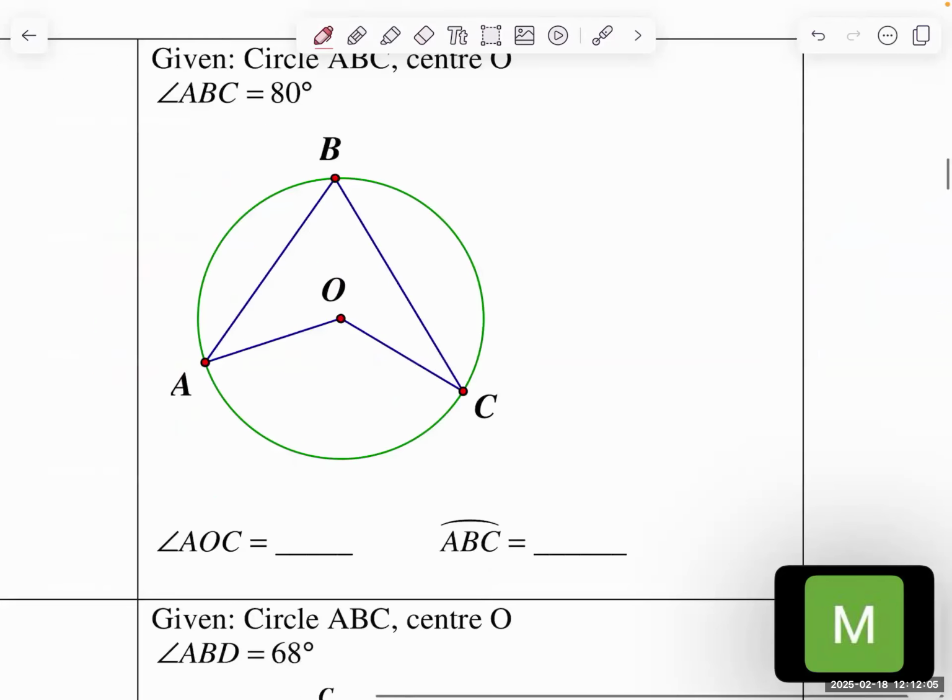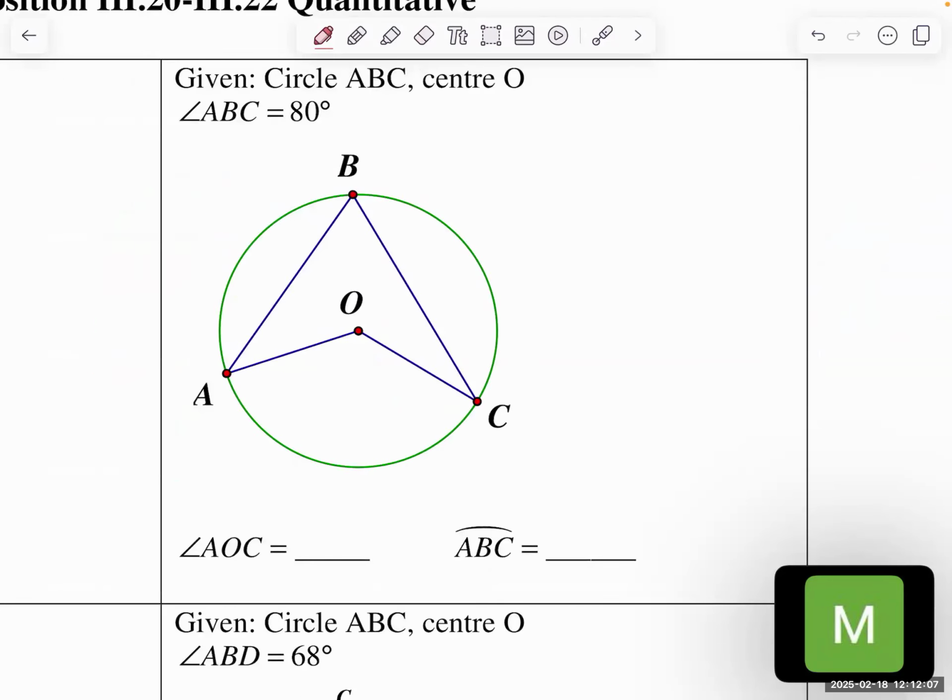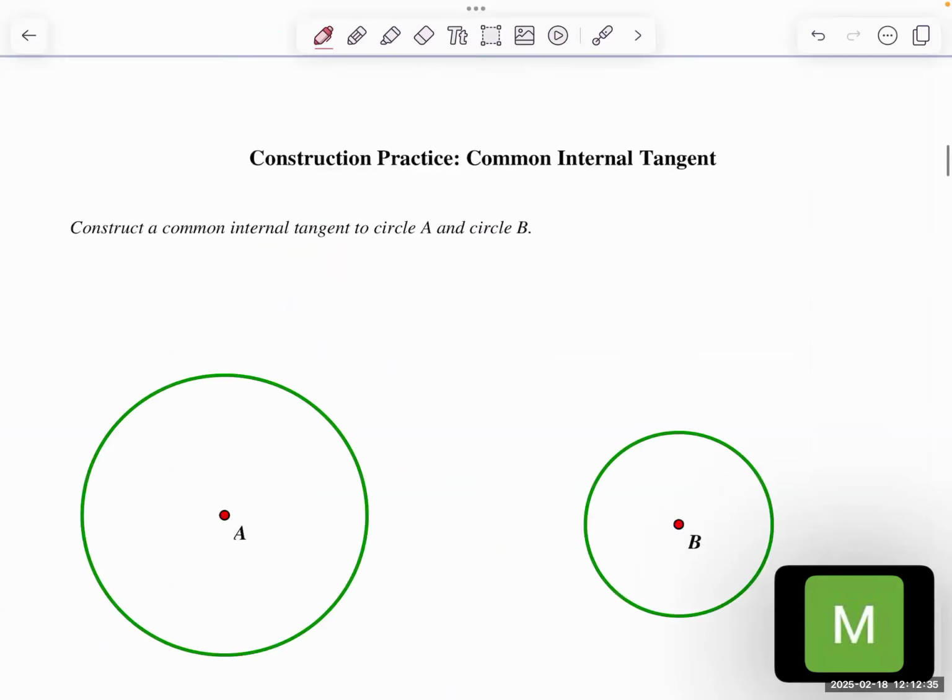Now for this one, AOC, since arc ABC is 80, angle AOC would be 160. And then arc ABC, well, this is 160. You have to remember that a full circle is 360, which means this right here is 360 minus 160. So this is 200.